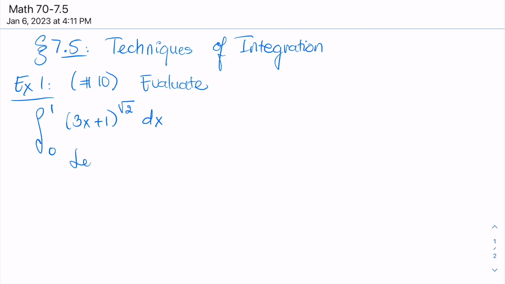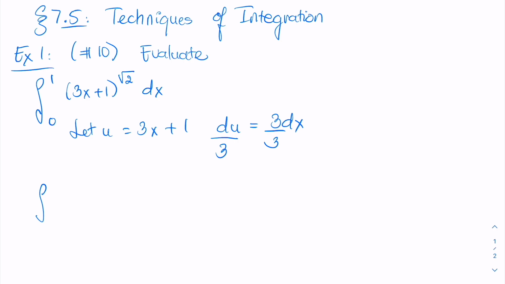So if I let u be 3x plus 1, du turns into 3 dx. So as you can see, we just divide by 3 here. And then we can go ahead and use the u substitution. Before I use the u substitution, I probably need to change the limits.